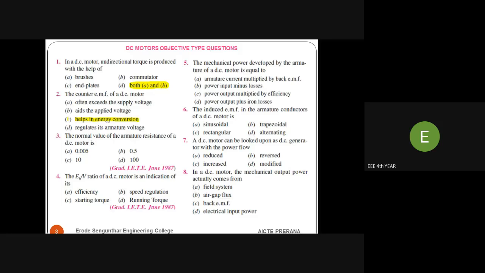Next, question number 3. The normal value of the armature resistance of a DC motor is. Option A 0.005, option B 0.5, option C 10, option D 100.